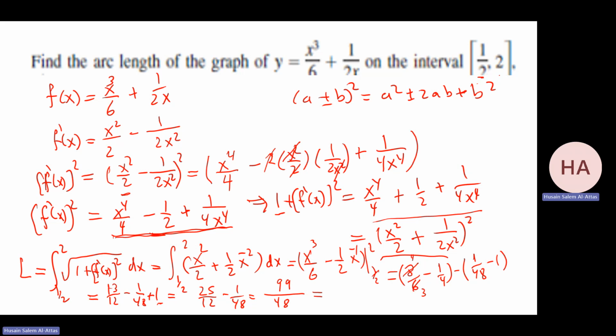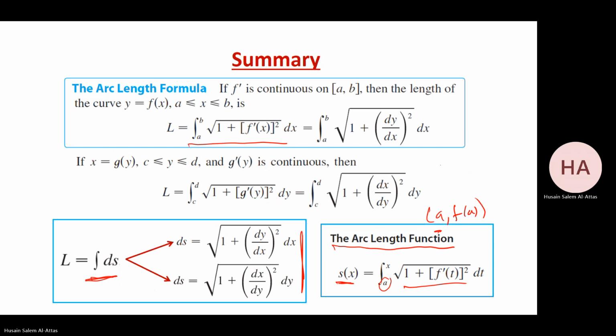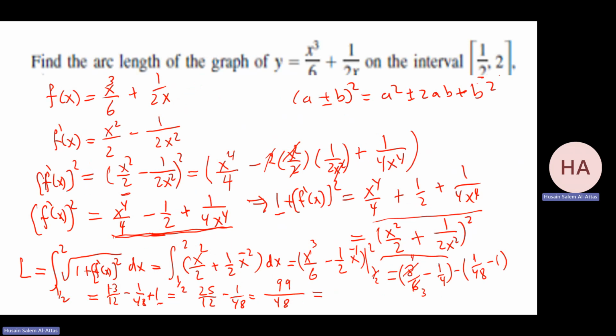Yeah, that will be 12 over 12, which is 25 over 12, over 4. Okay. That gives me what? For 100, yeah. So this will be 33 over 16. Yeah, that will be the answer.